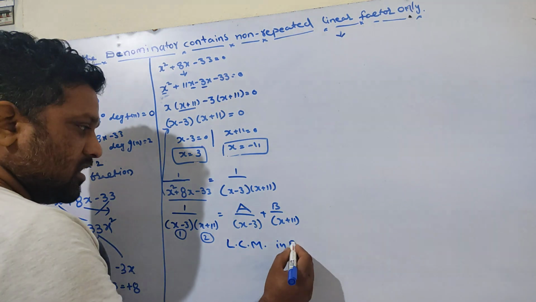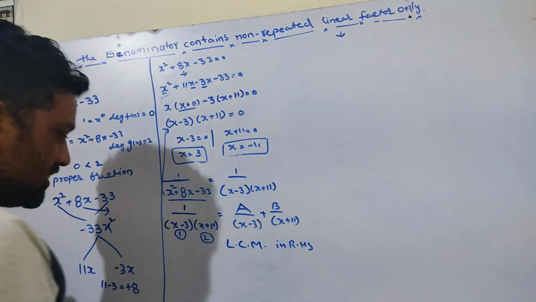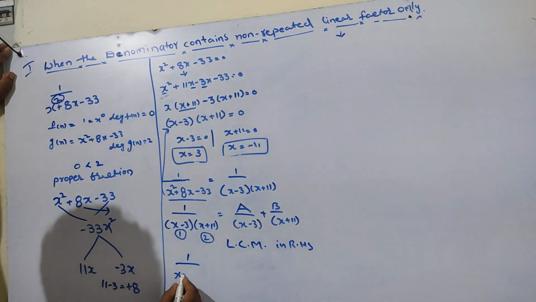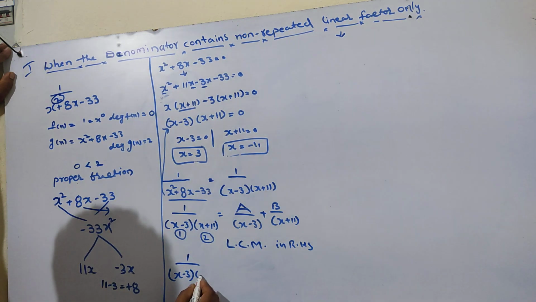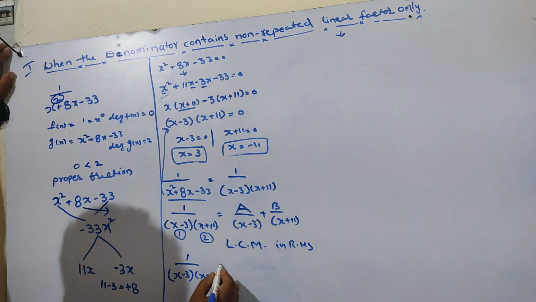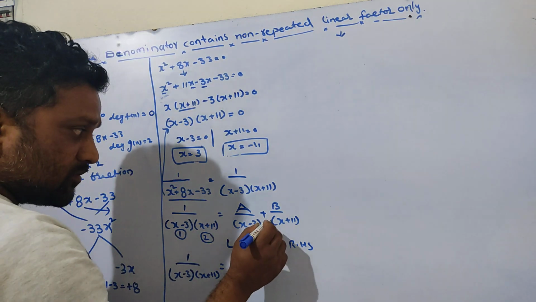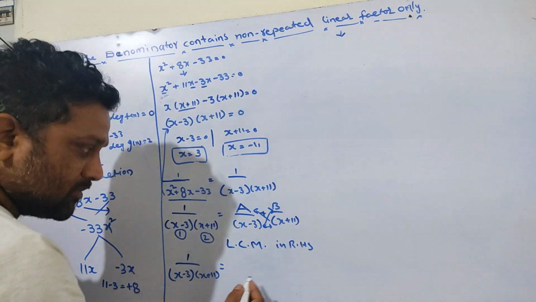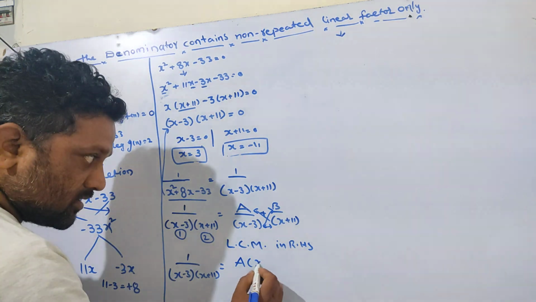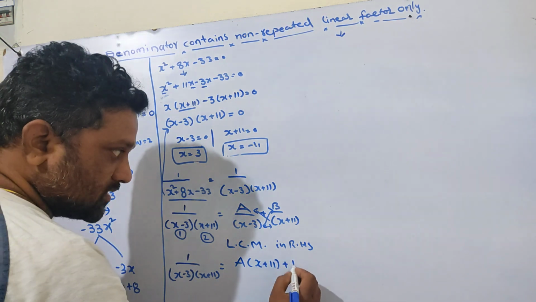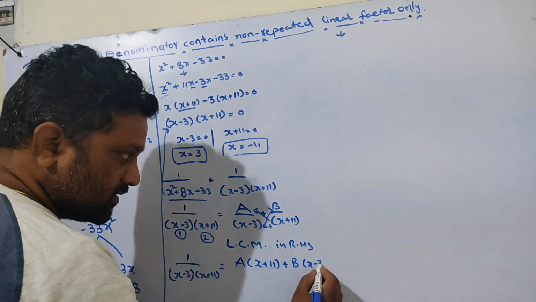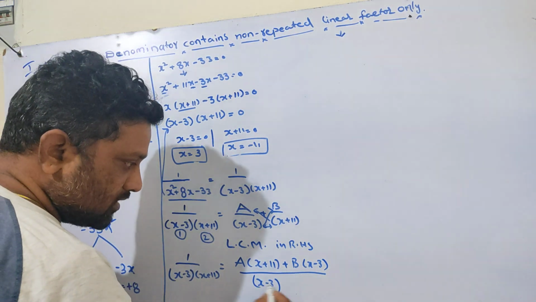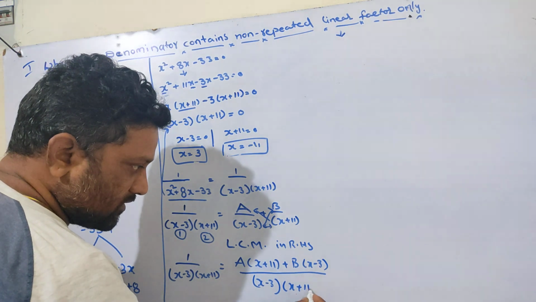Taking the LCM on the RHS side, 1 by (x minus 3)(x plus 11) is equal to, by cross multiplication, these two denominator terms multiplied: a of (x plus 11) plus b of (x minus 3) by (x minus 3) into (x plus 11).